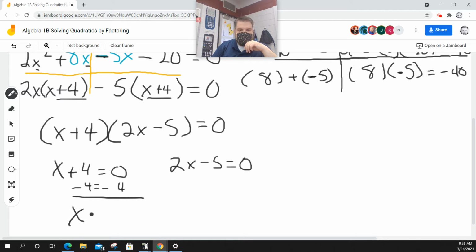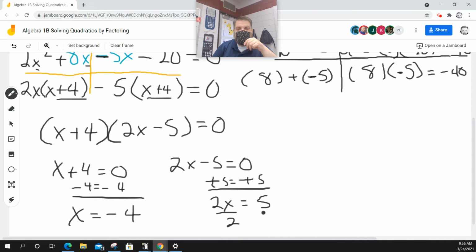And I get x equals negative 4. Over here, I'm going to add 5 to both sides. And I get 2x equals positive 5. Then I got to divide by 2. And that becomes x equals 5 over 2.